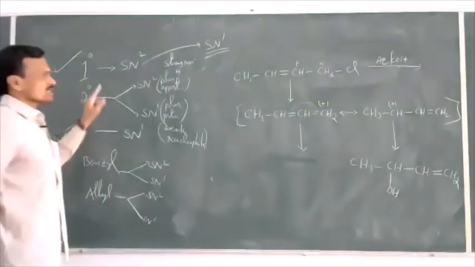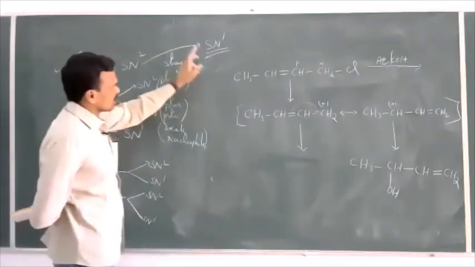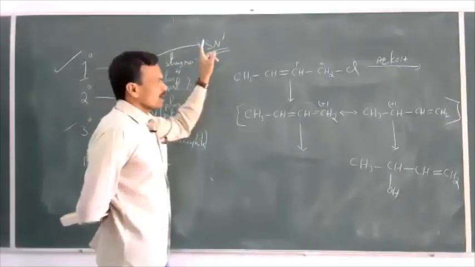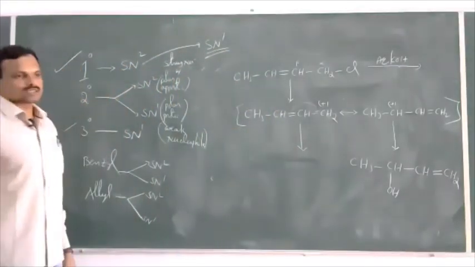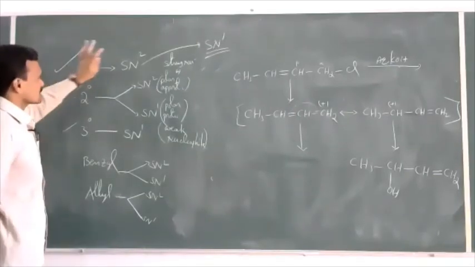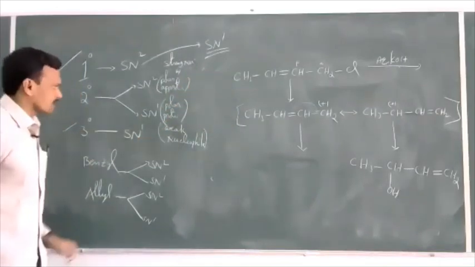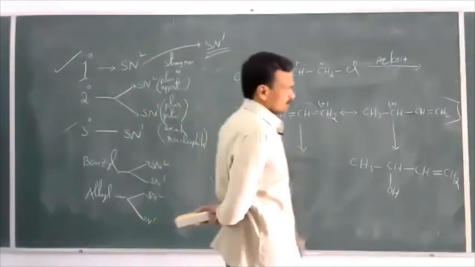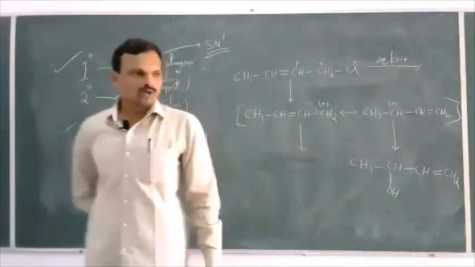So if the halogen attached carbon is primary carbon, then it also can undergo SN1. So whenever alpha carbon is bonded to heteroatom or beta carbon contains a double bond, in such case the primary also undergoes SN1 mechanism. So this is the way of predicting whether it undergoes SN1 reaction or SN2 reaction.